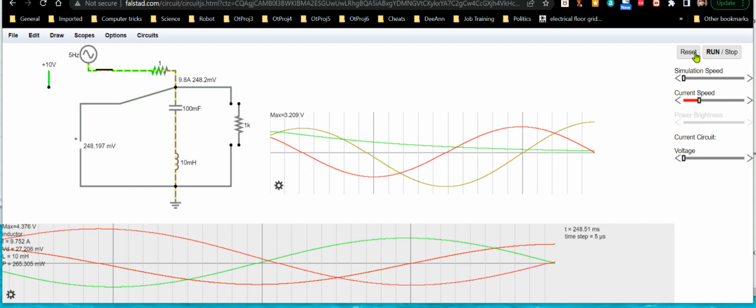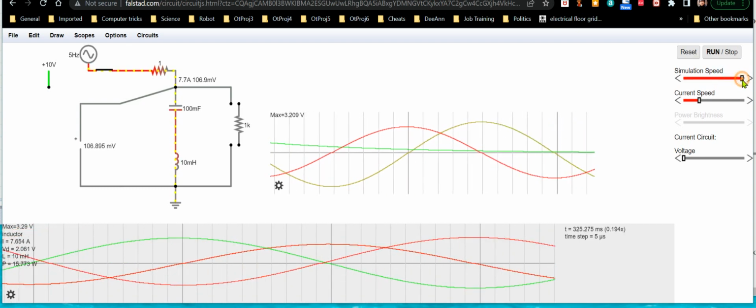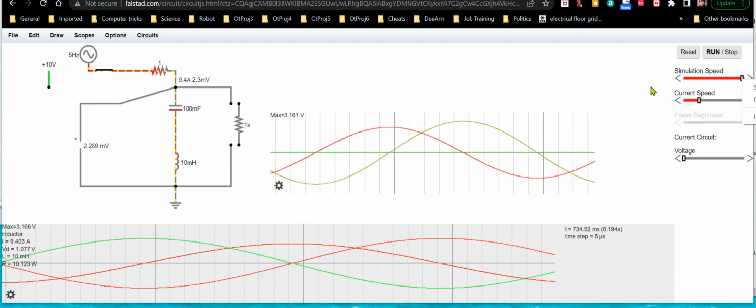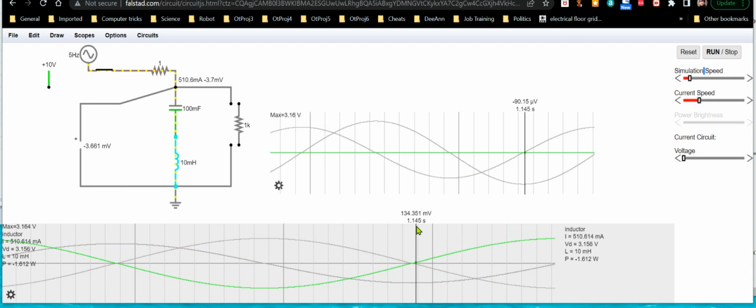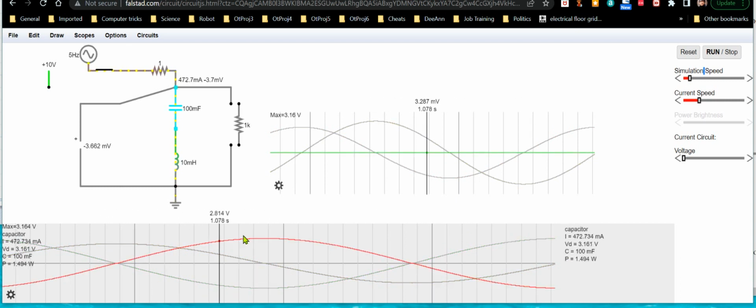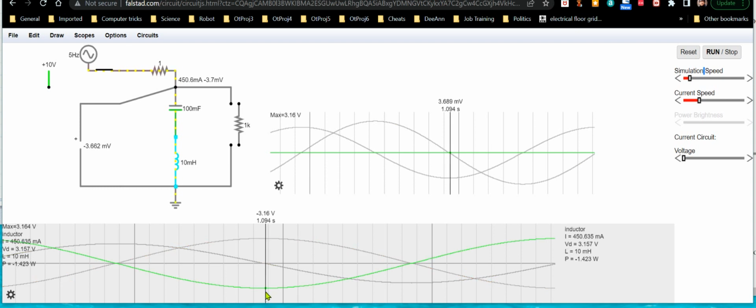Not really sure why it looks off. Probably because we haven't run it enough. Okay, now that I've run it enough cycles, you can see the voltage waveform of the two components, and in fact they are pretty much mirror images even though the values are different.